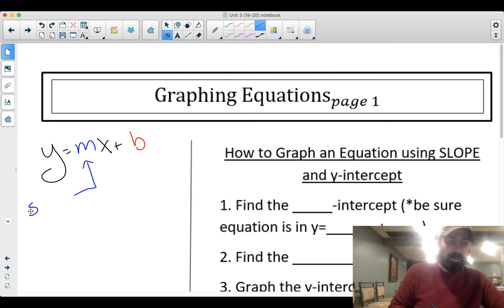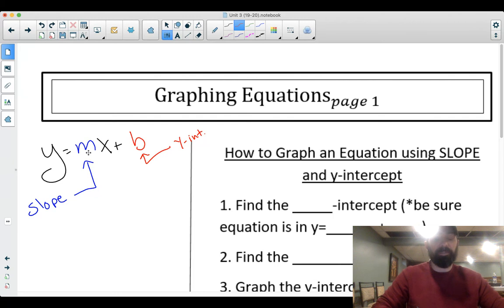This is my slope. And my red, my letter b, is my y-intercept. Okay, remember, this tells us how steep our line is, and this tells us where we cross the y-axis.